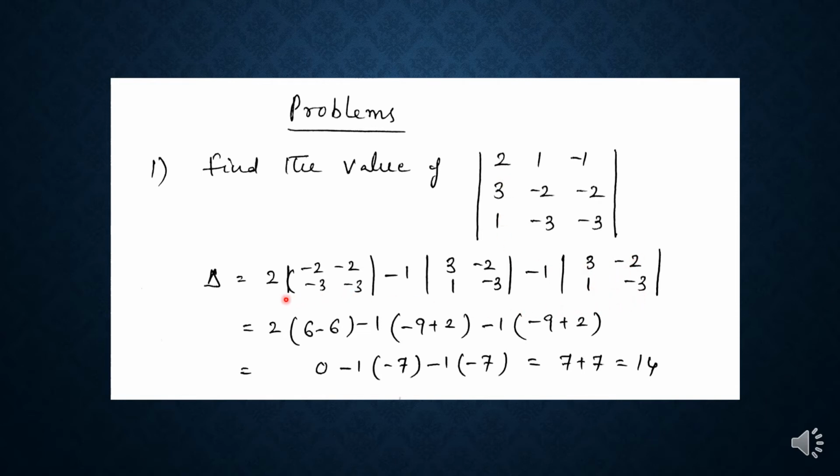Now by simplifying this: 2 into minus 3 into minus 2, that is 6, minus of minus 3 into minus 2, 6, so that becomes 2 into 0.